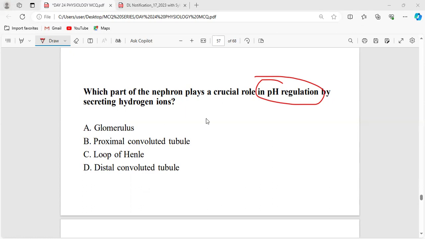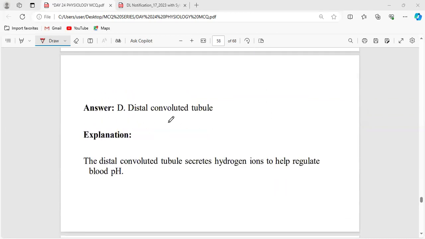Of course, water reabsorption is also taking place in many areas of the nephron, but you should always consider the majority. Most of the hydrogen is secreted, that is what the question is asking. You have to take it like that, right? That will be in the distal convoluted tubule.